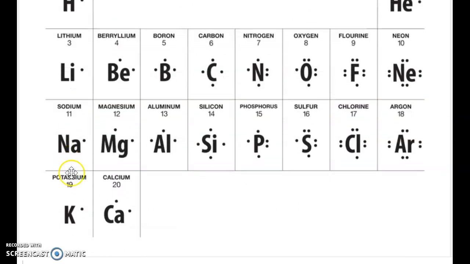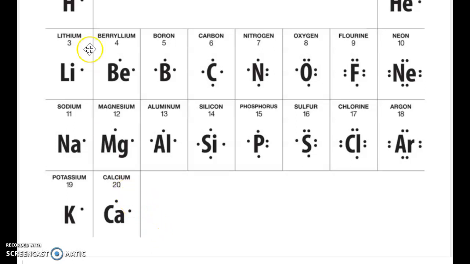If we look at sodium, we know it has 1 electron in the outer shell, and there's that 1 electron. Fluorine has 7 electrons in its outer shell: 1, 2, 3, 4, 5, 6, 7. It's much easier to view it that way as opposed to drawing the whole Bohr-Rutherford diagram with all the inner shells.